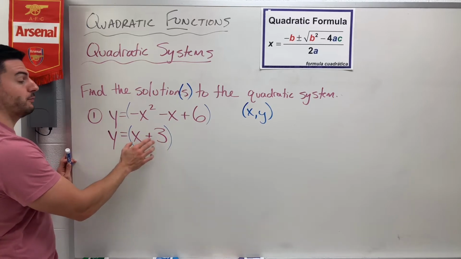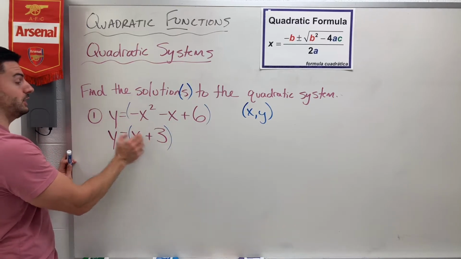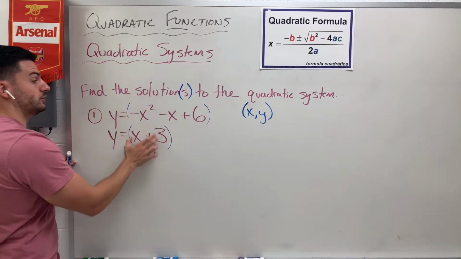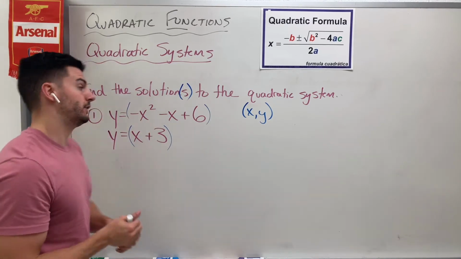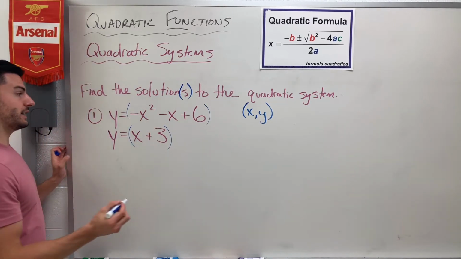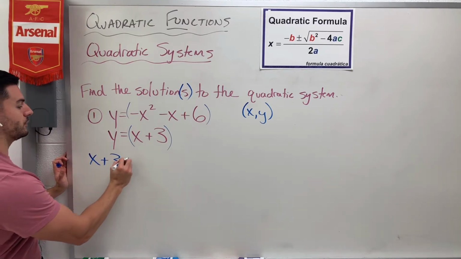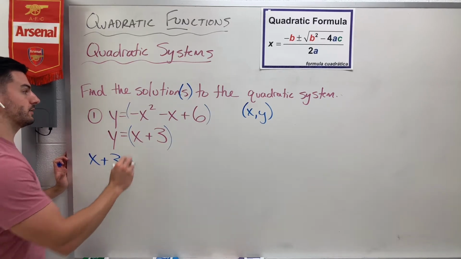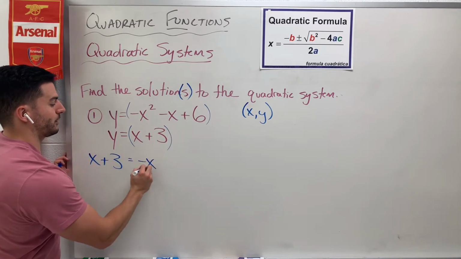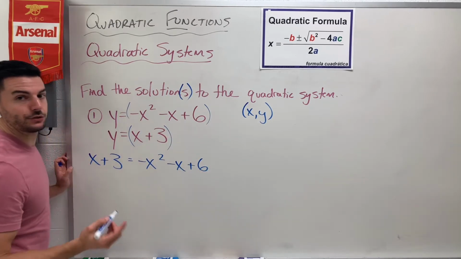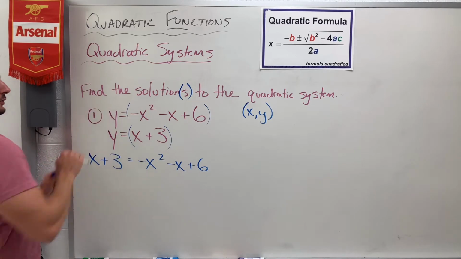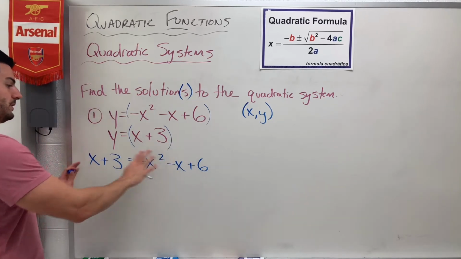If both of these different groups equal the same thing, that means these two groups have to equal each other. So I can write the bottom group, x plus 3, and then I'll write my bigger group. It doesn't really matter what order you do it in. You set them equal to each other because both of the groups are equal to the same thing, so I'm allowed to set them equal to each other.